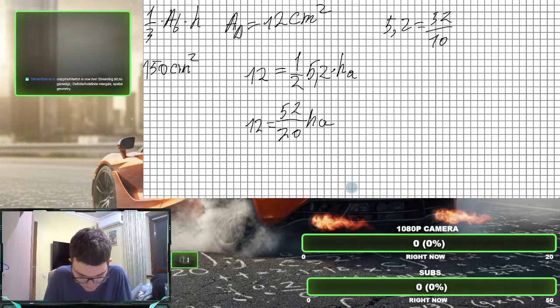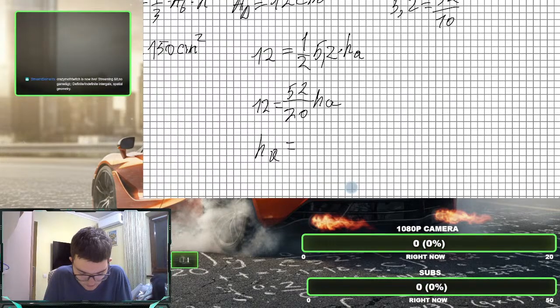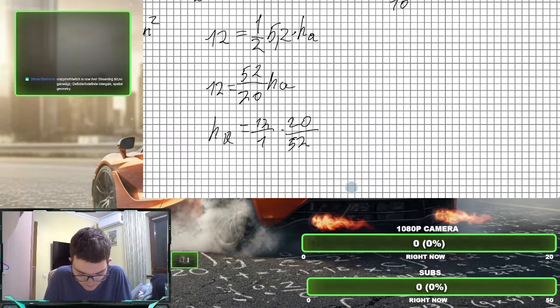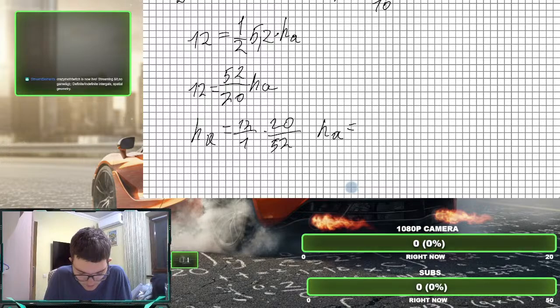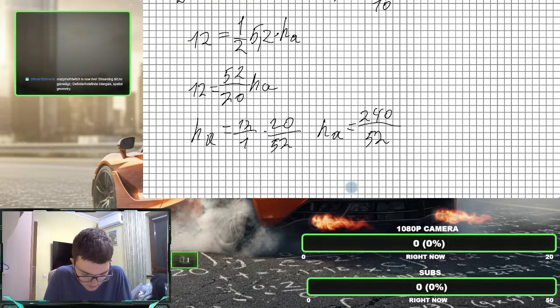So HA from here will be 12 divided by 52 divided by 20, so 12 on 1 times 20, 52 like this. So HA will be 240 divided by 52. That's what it should be. And so you got that, right? HA.